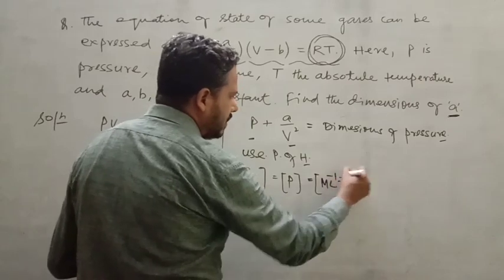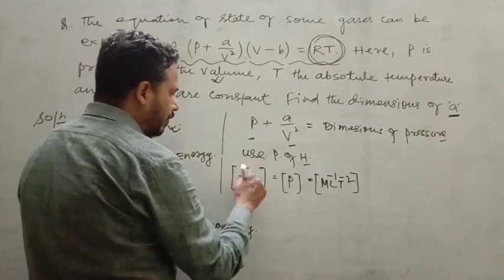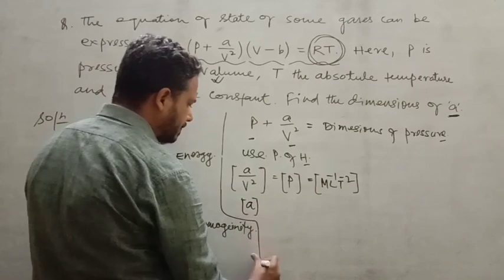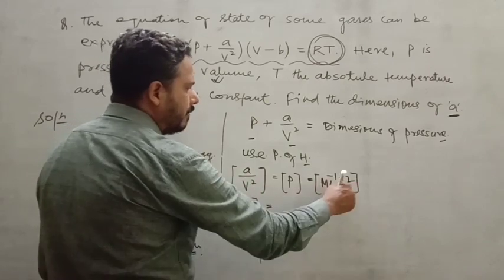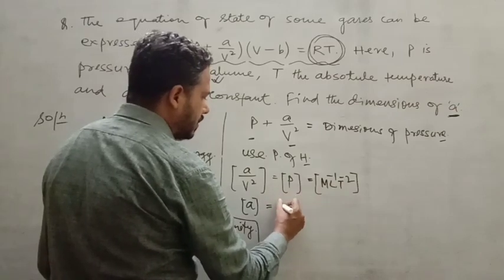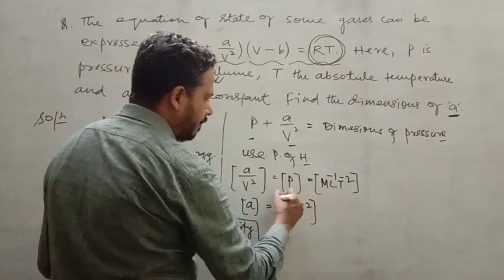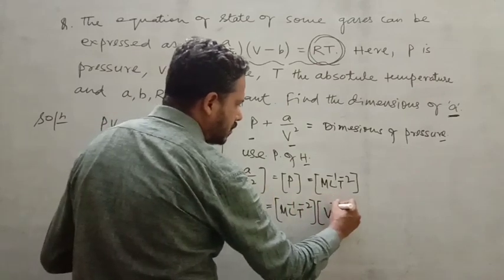So this is the dimension of pressure. Now we have to find the dimension of A, so just multiply by volume square from here. So here is M L minus 1 T minus 2, times volume square.